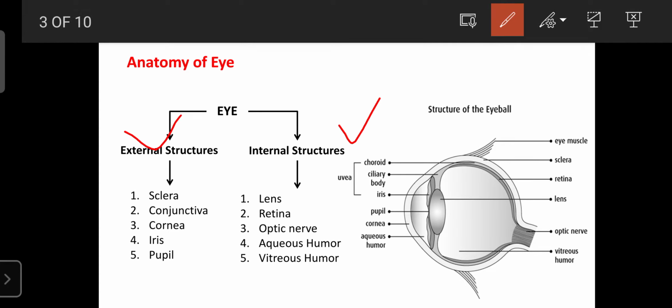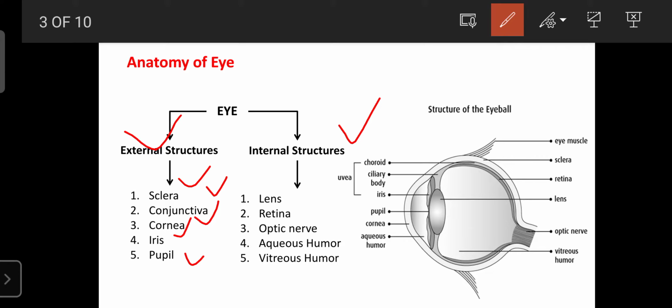The external structure consists of the sclera, conjunctiva, cornea, iris, and pupil. These are external to the eye. All these parts are helpful to correct the light rays that enter into the eye.